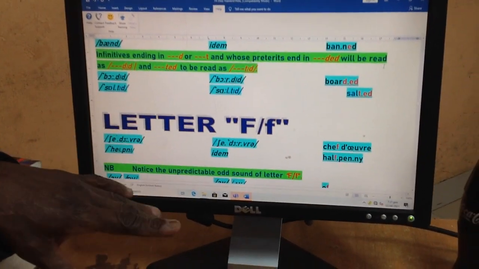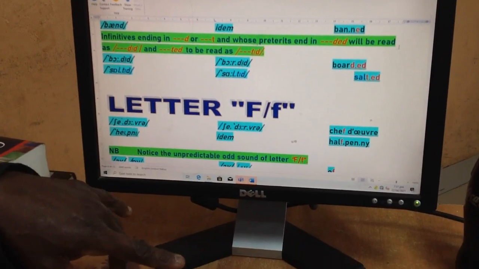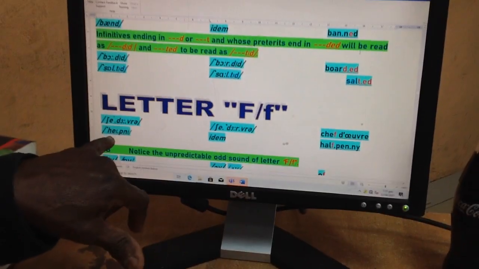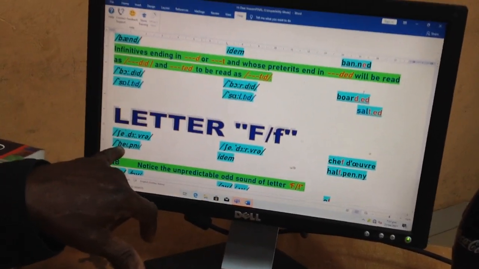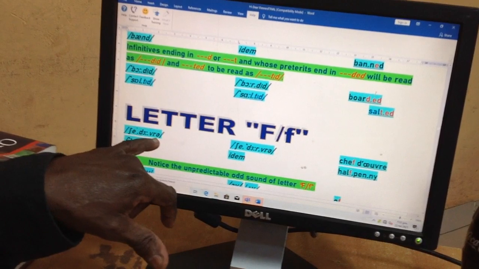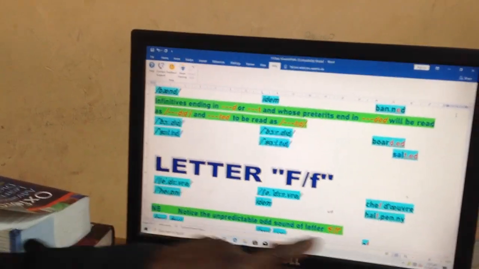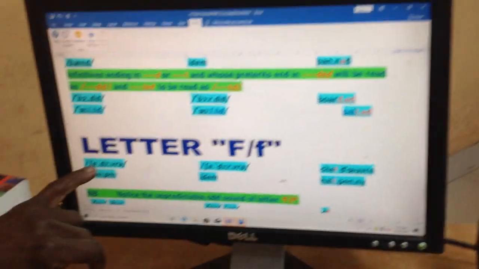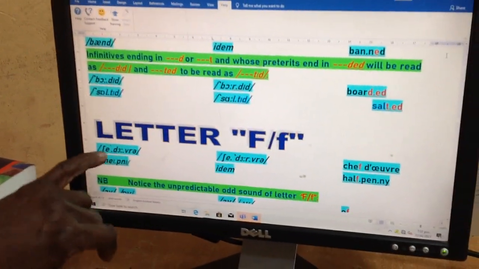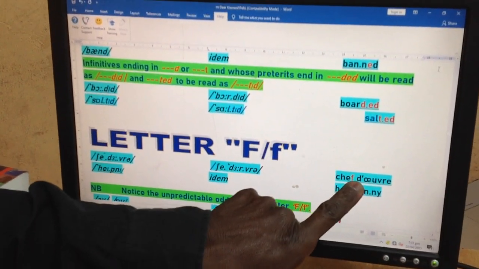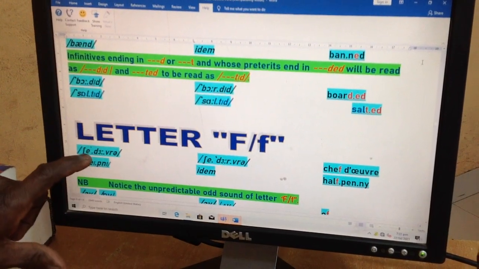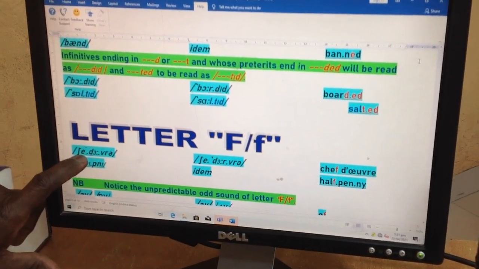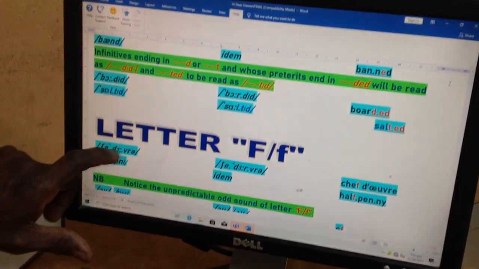Letter F, well, as you can see, we have got this one, halfpenny, chef d'oeuvre. Well, it's not really silent per se because it is F there and it has been replaced here. Oh yeah, it is silent. Sorry. The F is not present in the sound. This is called chef d'oeuvre.